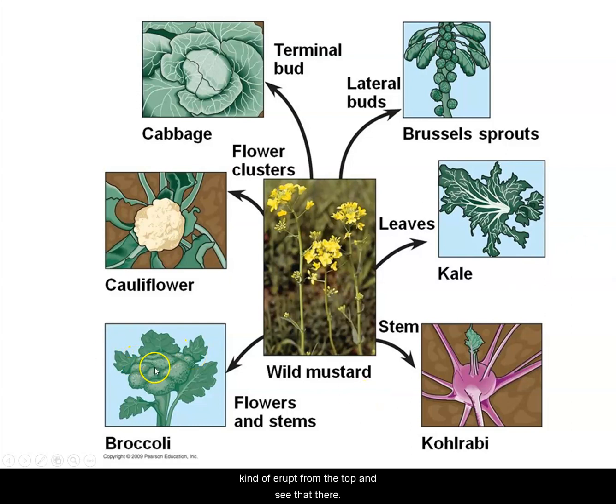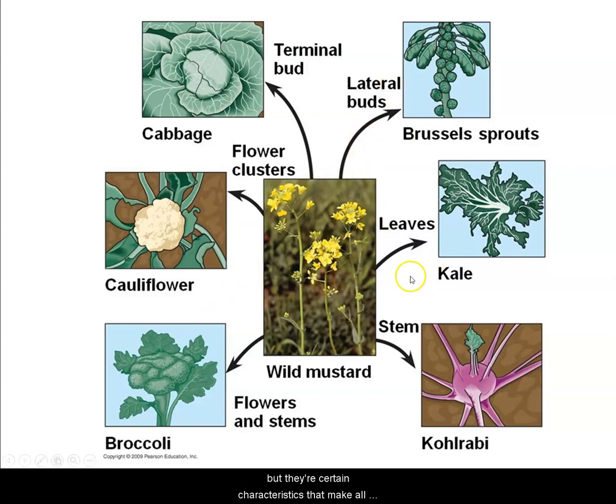Broccoli has been selected for these really tiny buds that kind of erupt from the top. You can see that there. Cabbage, it's one giant terminal bud, meaning the top of the plant. And then all of these different things. So all of these terms here represent the part of the plant that was selected for by humans.